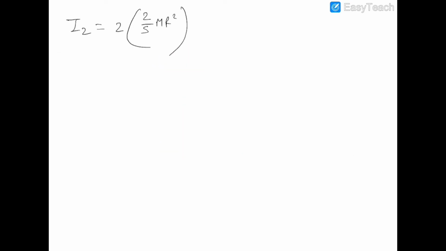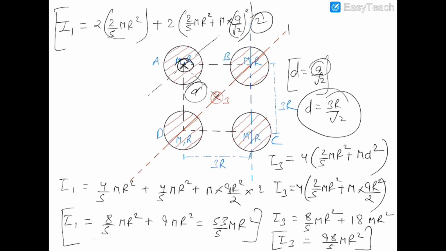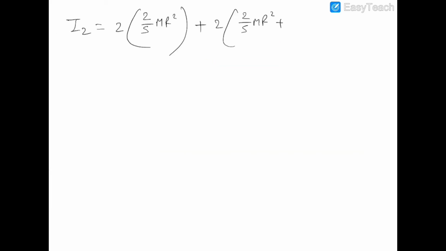So the moment of inertia of the other two spheres would be twice of 2 by 5 mr square plus, now the distance between the axis which is passing through the centers of these spheres and this axis, which is also parallel to this axis. Now the distance between these two axes is 3r, so this would be m into 3r whole square.